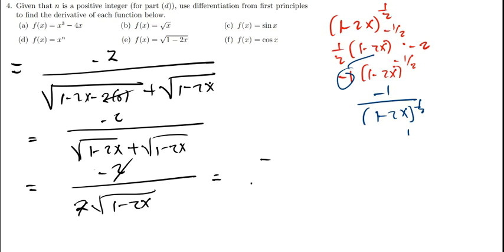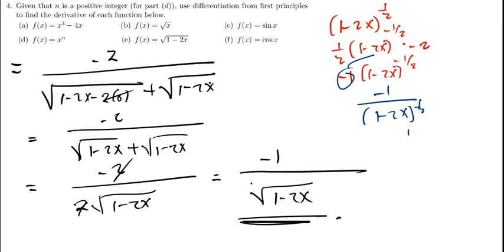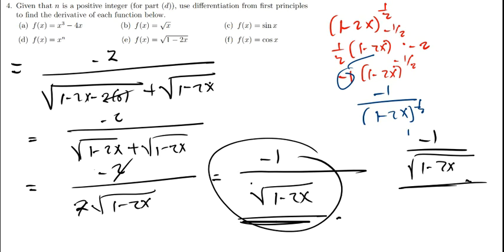On top I'll remain with negative 1 divided by root of 1 minus 2x. Using the first principle, I can clearly see that this is the same as 1 minus 2x in the square root, because that 1/2 is the same as the square root. So I prefer using the normal way first, then I go to the first principle. It's easy for me to know where I'm going.